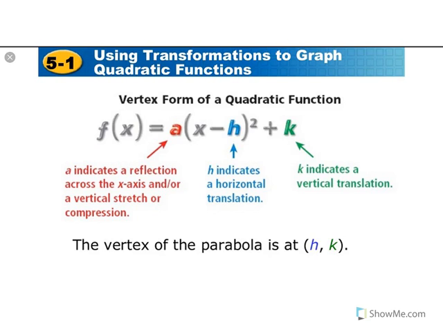Okay, first off, we are going to look at the transformation equation, and you guys should look at this as being familiar because you already know what the vertex form is. Well, the vertex form also describes certain transformations of quadratics. By transformations, I mean that our parent function looks like this.